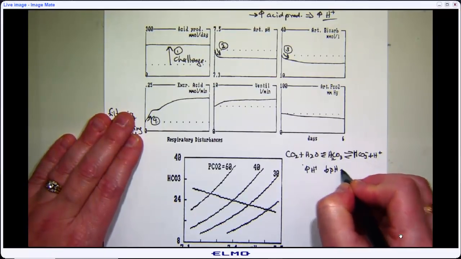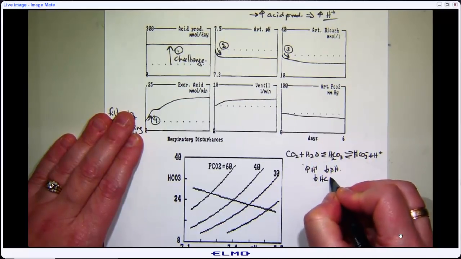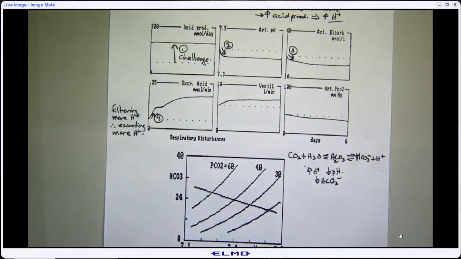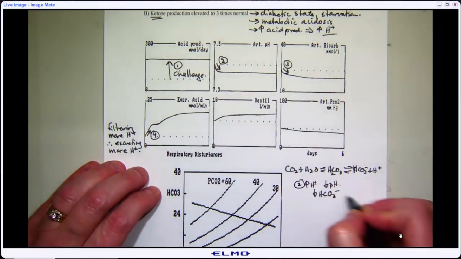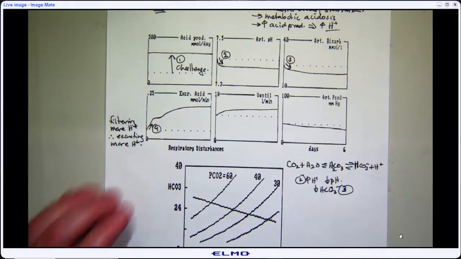That was presented to us. Decrease in hydrogen ion would create a decrease in, or a decrease in HCO3 negative, okay? So that was 2, and that was 3. For those following along with numbers.